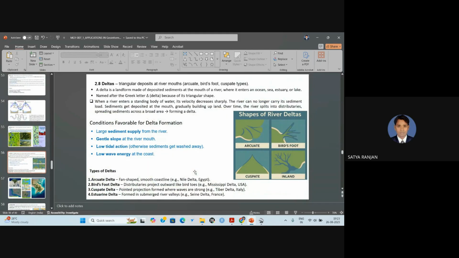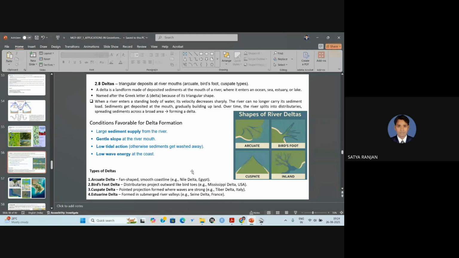Then deltas. This is a depositional surface, and it is near the mouth of the river and near the coast. So a delta is made of deposited sediment at the mouth of the river when it enters the ocean, sea, estuary or lake.